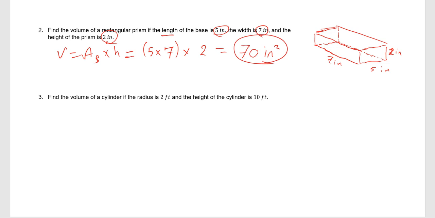And lastly we have a cylinder, and we'll need to find the volume of the cylinder having a radius of 2 feet and a height of 10 feet.